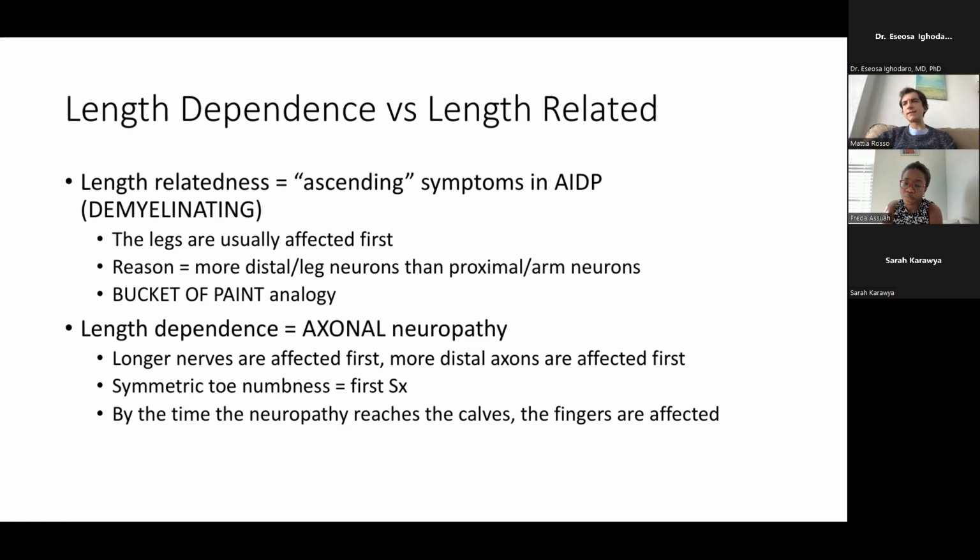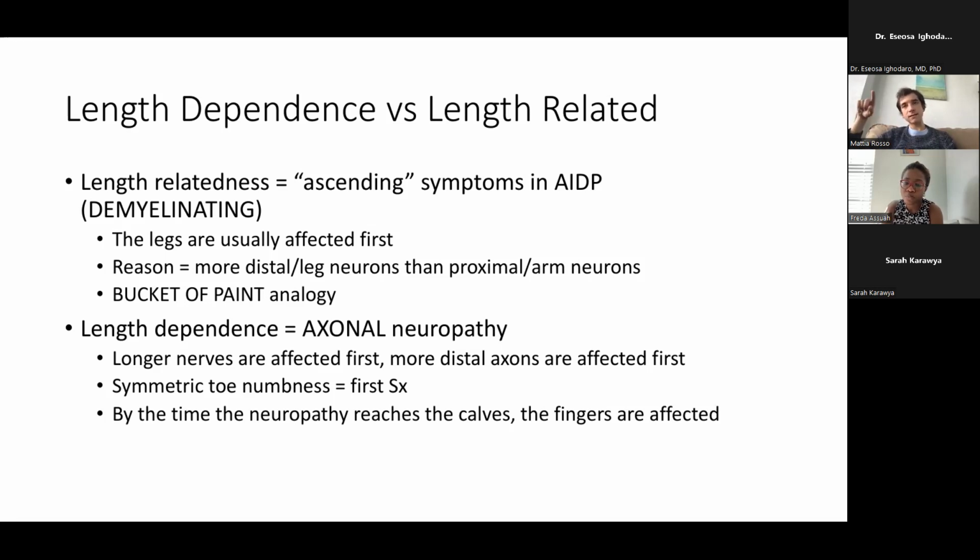And then it leads to weakness that's more prevalent in the lower extremities, but that's more so because there is more myelin for longer neurons, and also there is more surface area, to be quite honest, in the lower extremities. So those are statistically more likely to be involved and affected.